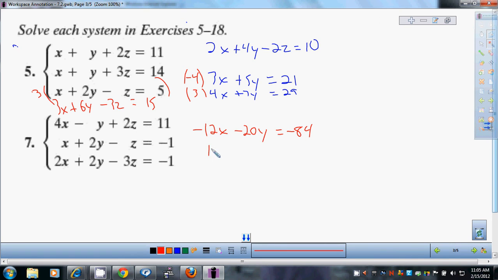And the bottom one into 12x plus 21y equals 87. Add those up. You get y equals 3.